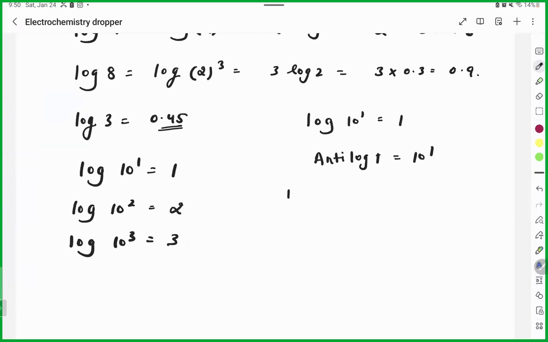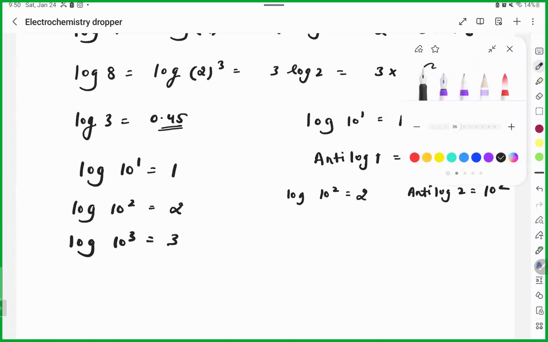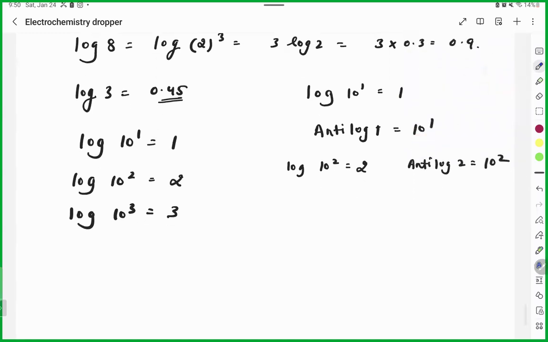If you know log 10 raised to power 2 is equal to 2, Pratigya, what will be the anti-log 2 value? 100, 10 raised to power 2. Correct? So in the simplest way, if you want to calculate anti-log, whatever is the number, the same will be the power. Anti-log of 1 is 10 raised to power 1.